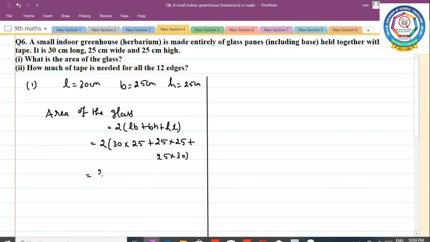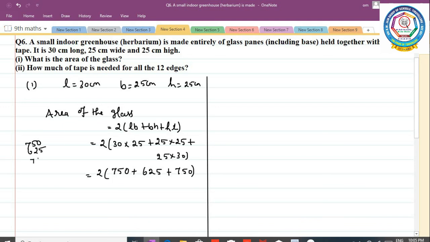Next step, 2 into, just multiply 25 into 3 is 75. Here one 0 is there, you can add 0. We know that 25 into 25 is 625, plus 25 into 30 is 750. Now you have to add all that.